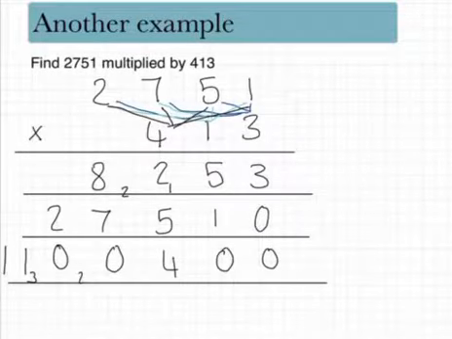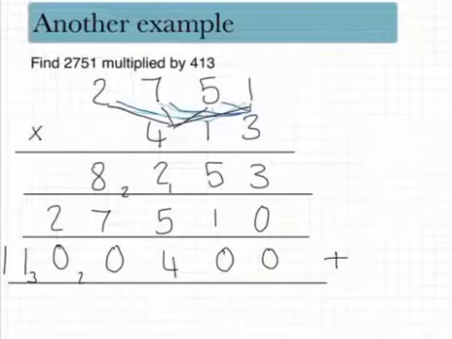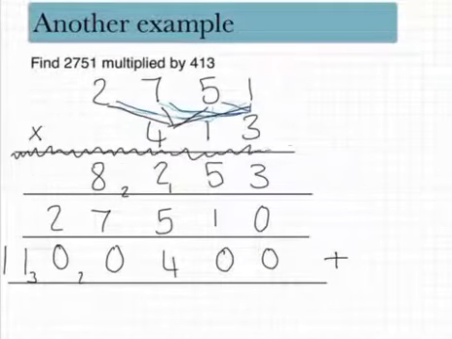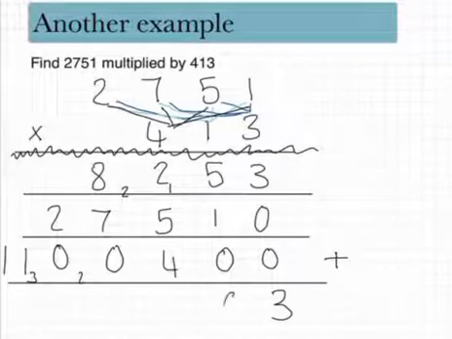Then we're going to do a long addition, add those all together. Remember, we're not looking at anything above this line. Okay, so column by column, we're going to start at the right. 3 plus 0 plus 0 is 3. 5 plus 1 plus 0 is 6. 2 plus 5 plus 4 should be 11.